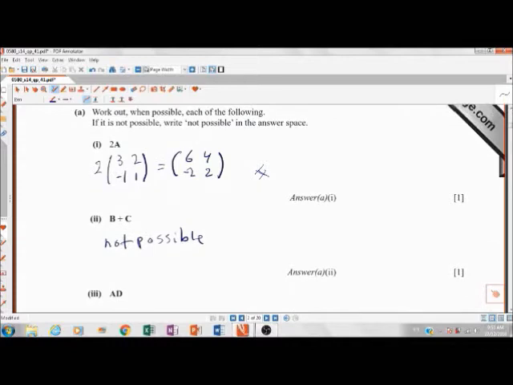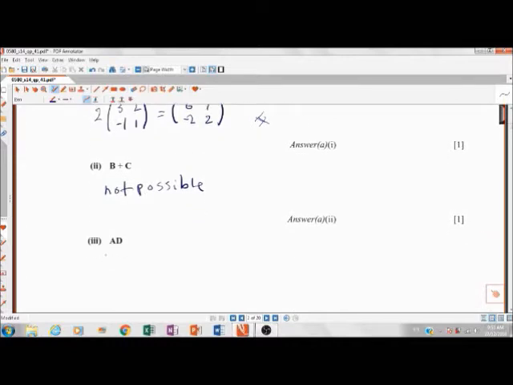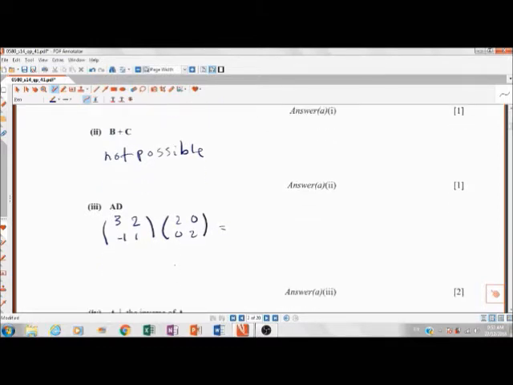AD. So matrix multiplication. Rows multiplied by columns, that's how we do it.